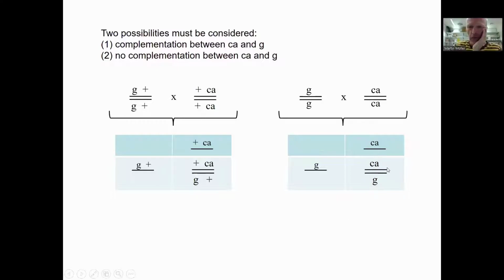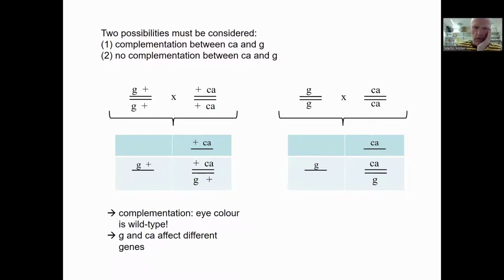These guys here, what is the eye color phenotype there? They would look the same as the parents. Exactly. So if the eye color of the cross is wild type, then you know G and CA affect different genes.